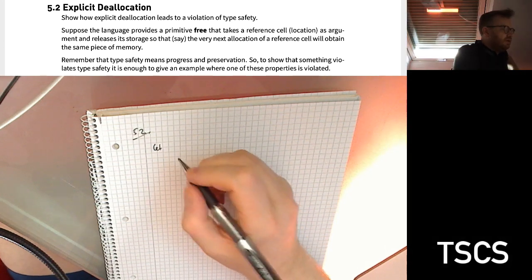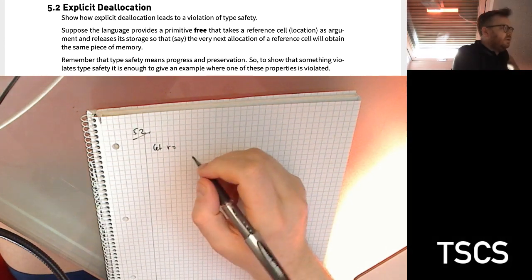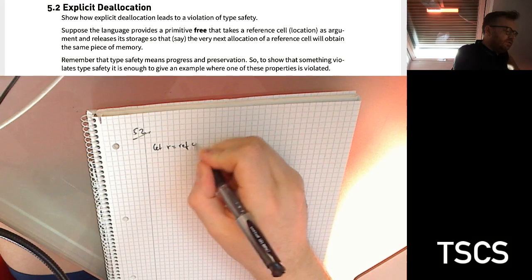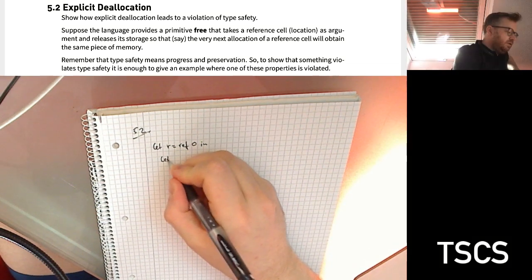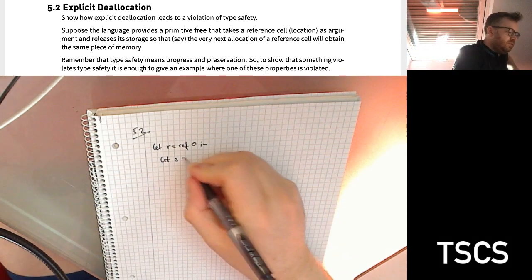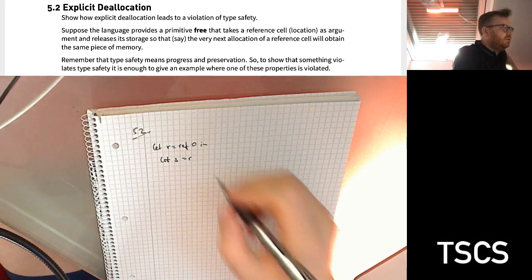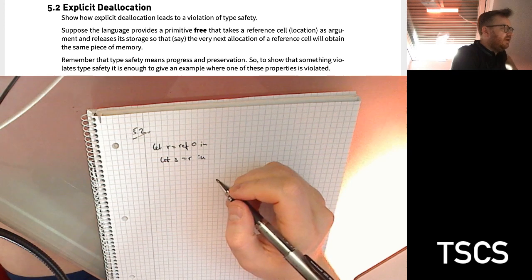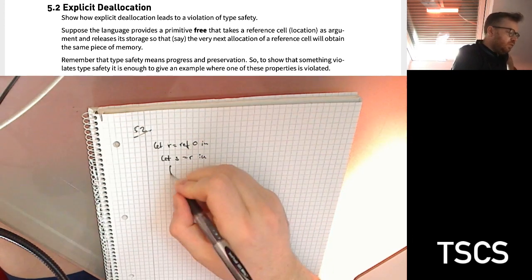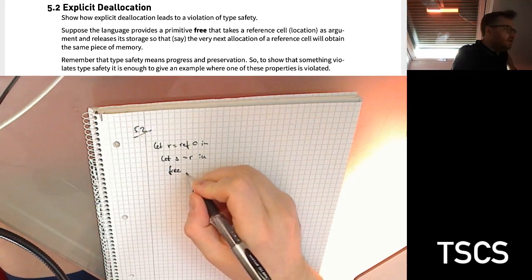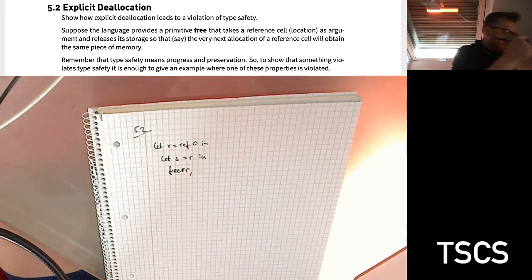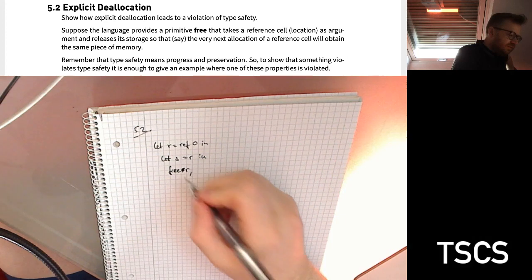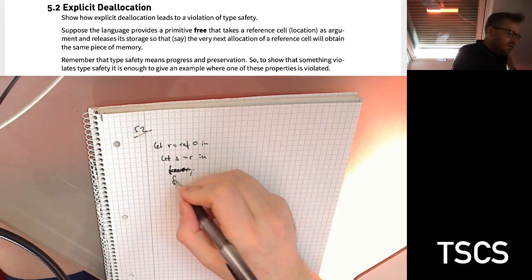So let's say we have let R be a reference to 0 in let S be R, so that we have an alias, and then let's say we free R, sequenced. Sorry, let me do this again.